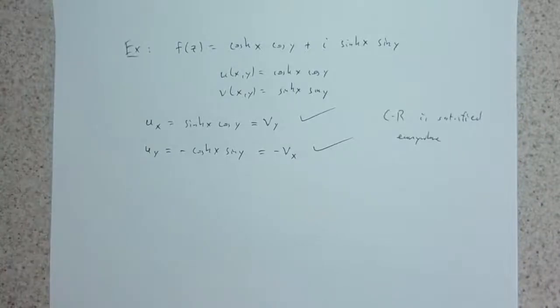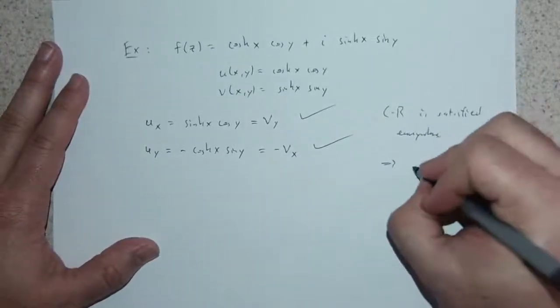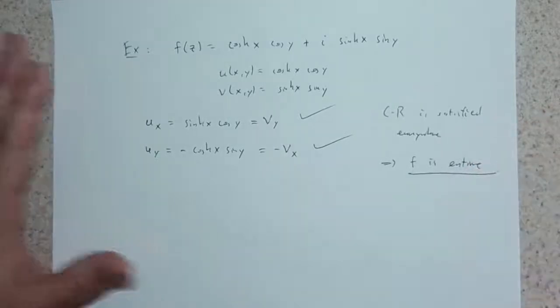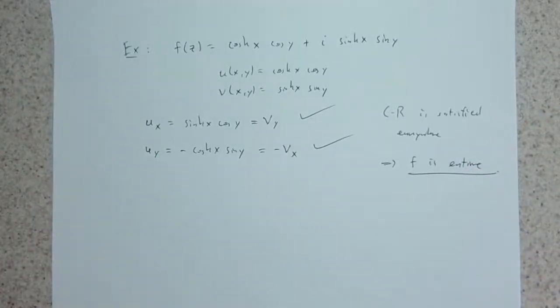What does that mean? This means that f is entire. This is directly from those theorems that we talked about before, the definition of a function being analytic, that allowed us to say that our function has a derivative at all points on the complex plane.